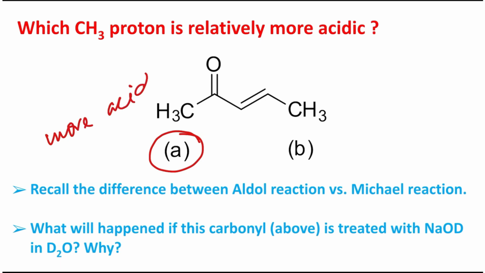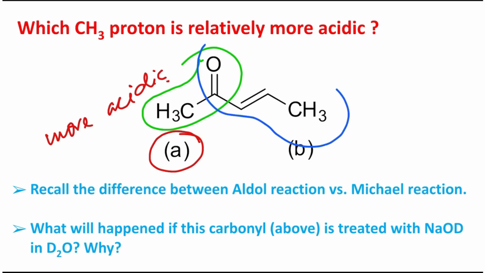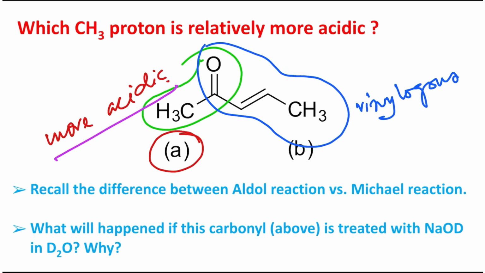Question: why? Because this is also a ketomethyl group, and if you look at this side, it is a vinylogous ketomethyl group. So this term you write, vinylogous ketomethyl group, but this one is more acidic. Why?